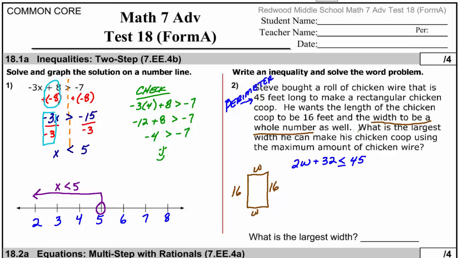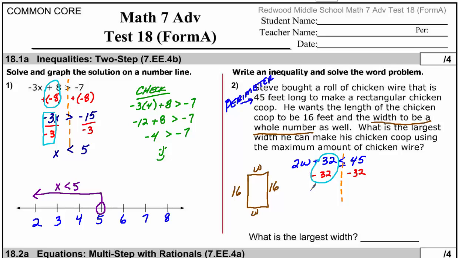All right, now that we have our inequality, we're going to go about solving it the way that we've been solving inequalities. So put my dashed line down. I'm going to take away 32 from both sides. One of the nice things about dealing with word problems is you almost never have negatives. All right, that's a 0.